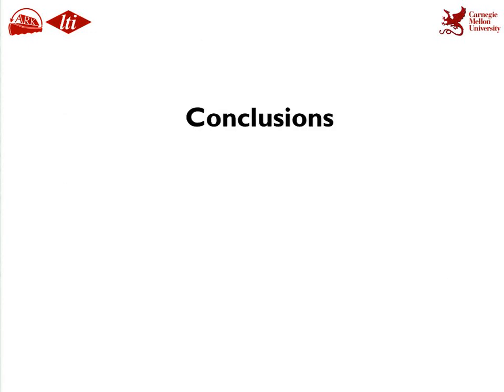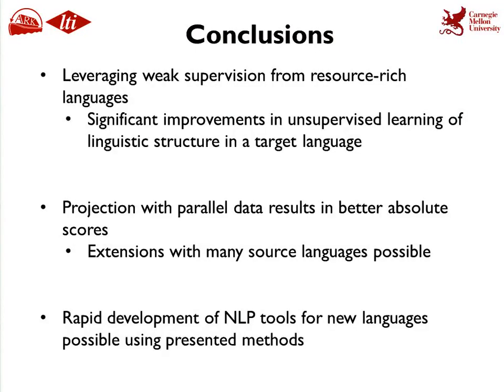Okay, so here is the conclusion. We have seen that leveraging weak supervision from resource-rich annotated languages can result in good improvements in unsupervised learning for various tasks. And projection with parallel data usually results in better performance. And extensions with more than one source helper language are possible.